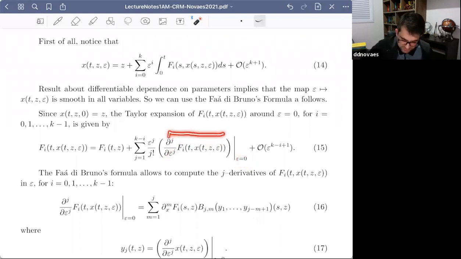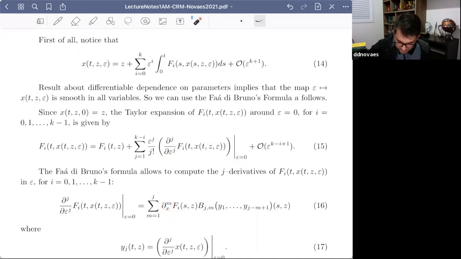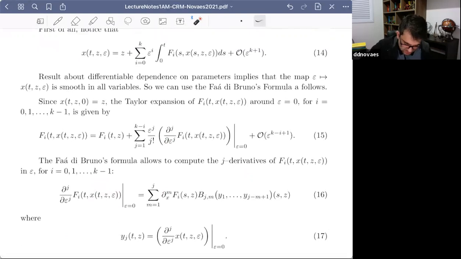So for this expression, I'm going to use the Faà di Bruno's formula. We know that this higher derivative is equal to the m-th derivative of phi multiplied by the partial Bell polynomials computed at the derivatives of this function. And I'm calling these derivatives by y_j. Okay?